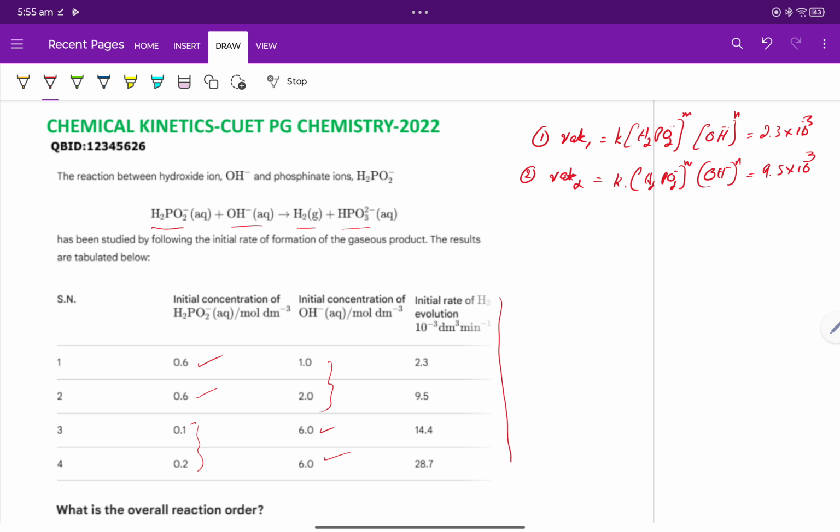So let us divide equation 2 by equation 1, that is rate 2 divided by rate 1.